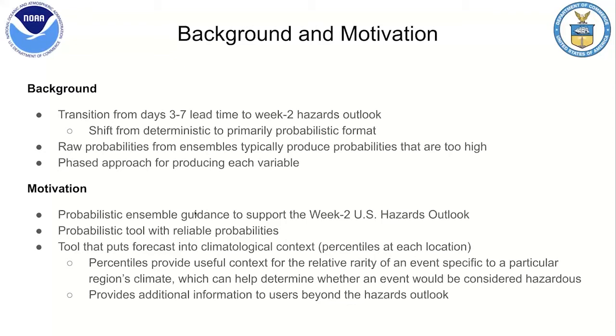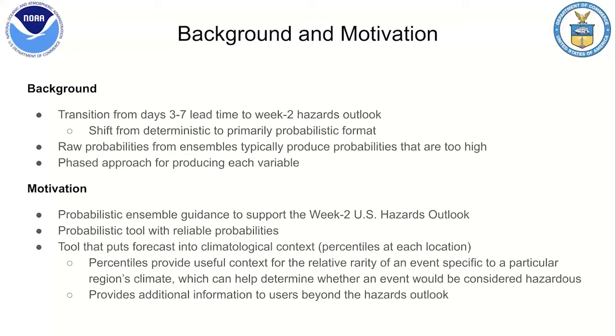So the background for this was that we used to do the days 3 to 7 hazards as well as into day 14, but WPC has taken over the days 3 to 7, and now we focus on the Week 2 hazards outlook. So with that, we shifted from having a deterministic format of the hazards to primarily probabilistic.